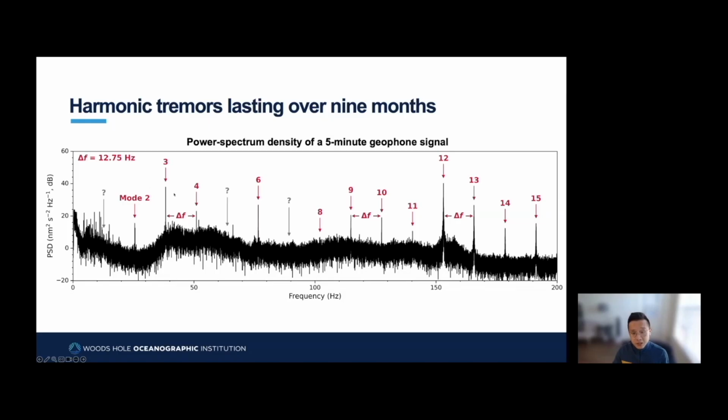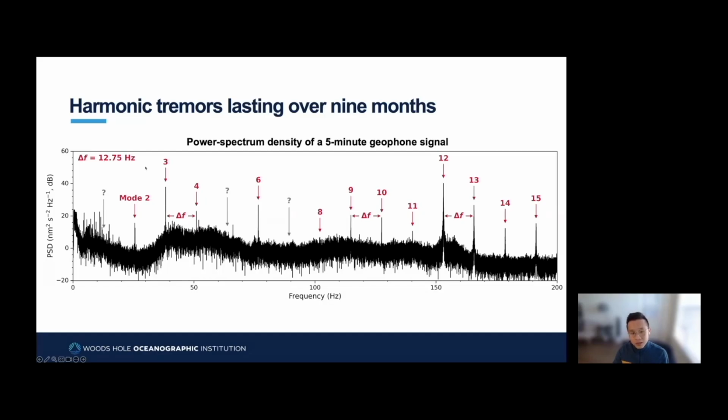And in this case, we have observed in total 12 modes, ranging from the lowest one at about 25.5 hertz to 190 hertz. And all of them are very regularly spaced, with a frequency spacing of about 12.75 hertz.